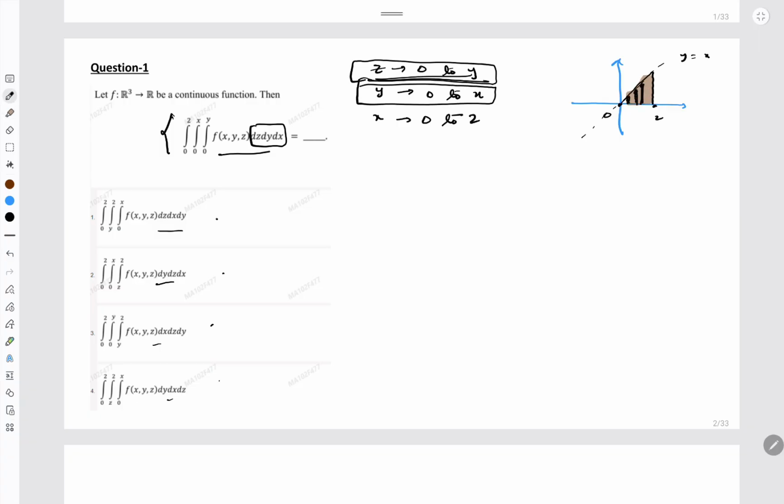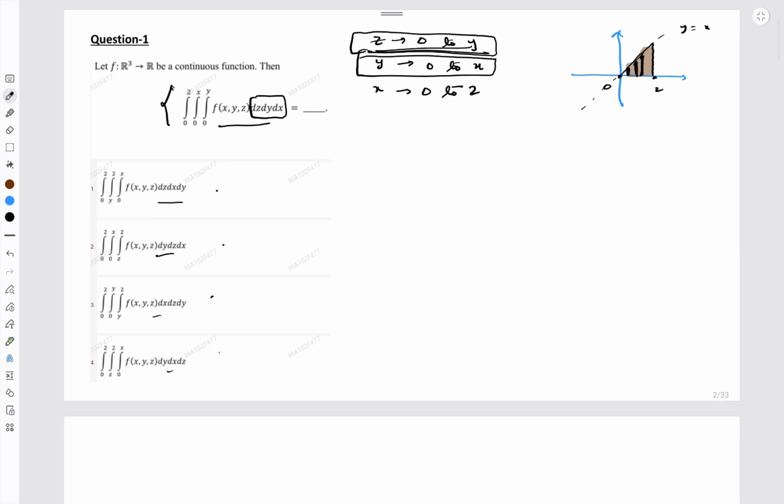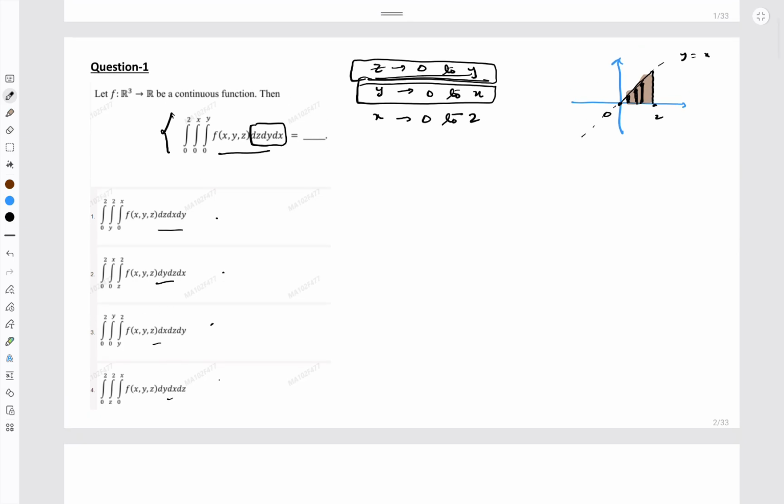Let us first eliminate options by looking at the xy plane, because if the region is the same, then the xy plane region has to be the same as well. If two options have the same xy region, then we will think about z. Starting with the first option, z ranges from 0 to x, but we do not care about z as of now. x is ranging from y to 2, and y is ranging from 0 to 2.